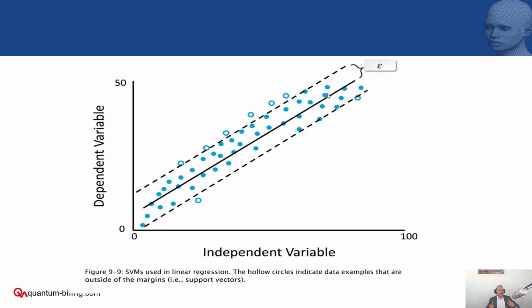Because if your data is scattered, has outliers, and is not linear, you can't have a very sharp line for your data. You can use support vector machine and increase the boundary to contain almost all of your data, and that's going to give you much better performance than linear regression.